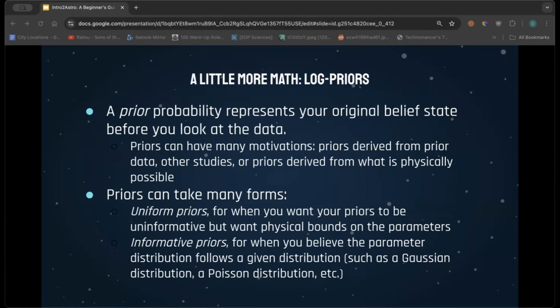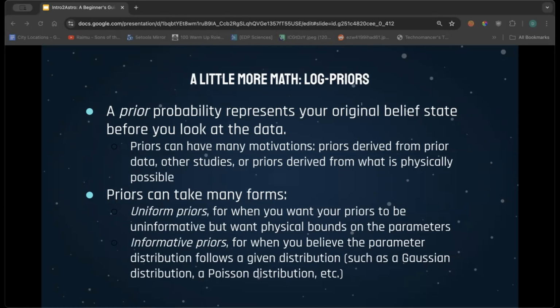These priors can take many different forms. You can have initial beliefs about what numbers your parameters can take based on maybe what's physically possible, or these priors can be derived from, say, prior work on similar data. So say you're trying to fit for the mass of a planet with some data.